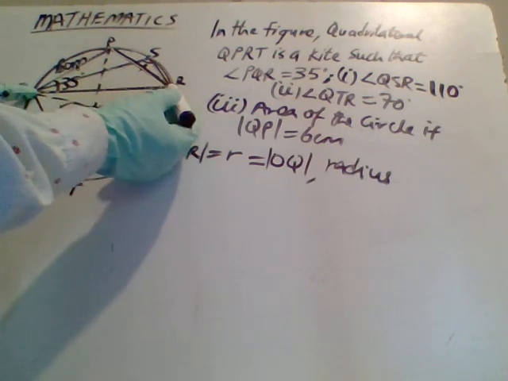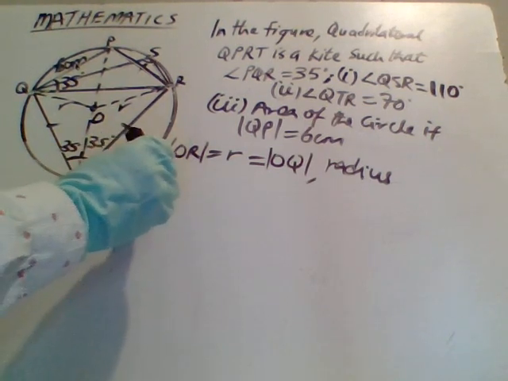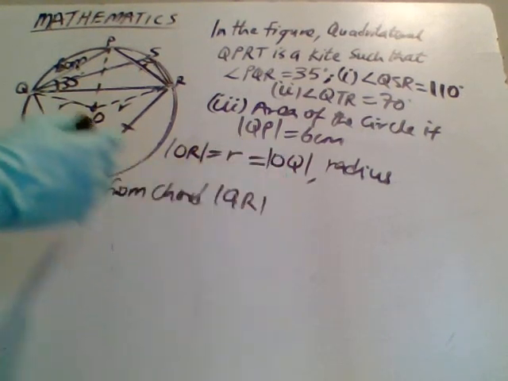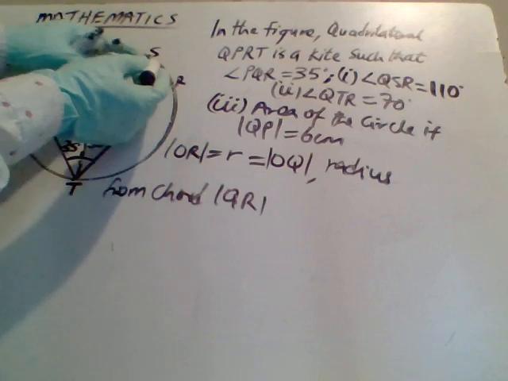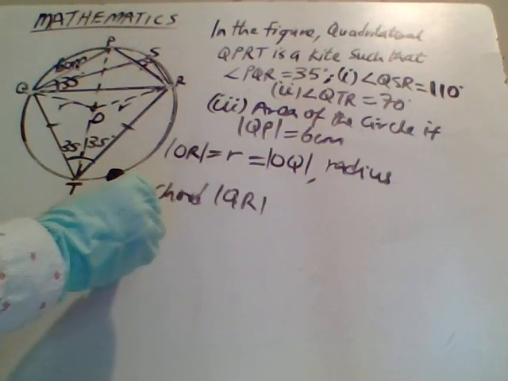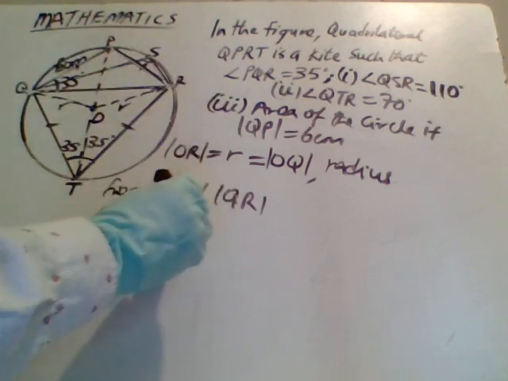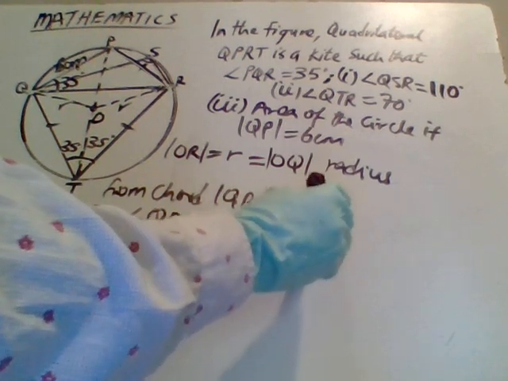Come to this side. See this chord. From chord QR, notice that this angle here, angle P, is equals to angle S. Angle QPR is equals to angle QSR.